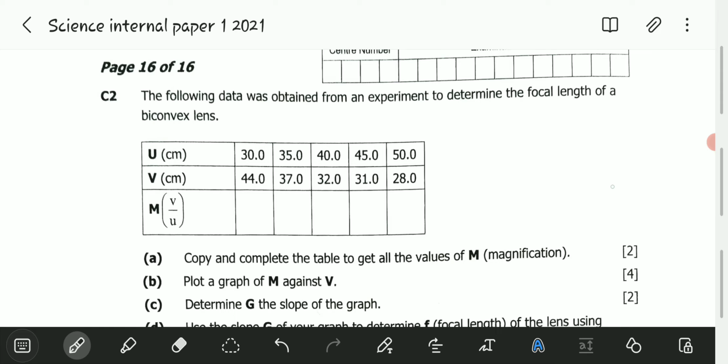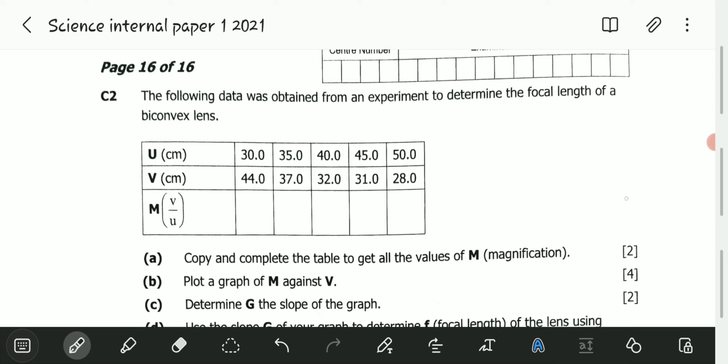So I've dedicated the next couple of videos towards graph plotting, and in all the Science Paper 1 videos from now on, we'll do 3 or 4 graphs, a revision of papers dealing with graphs. Then we can continue with these other things.